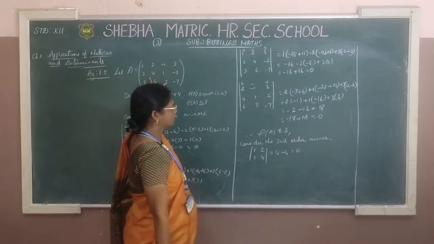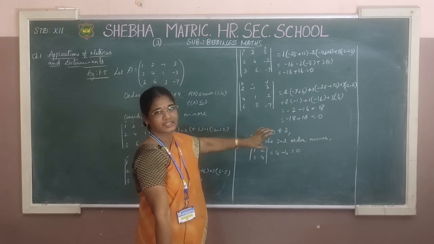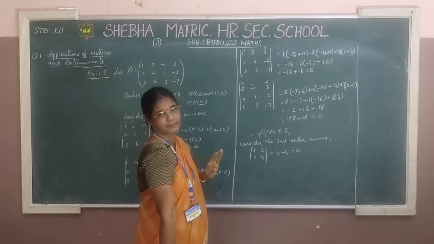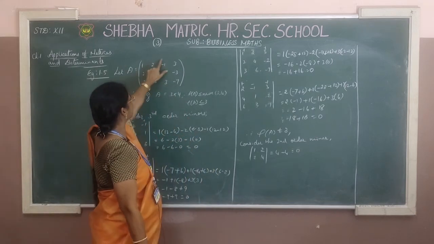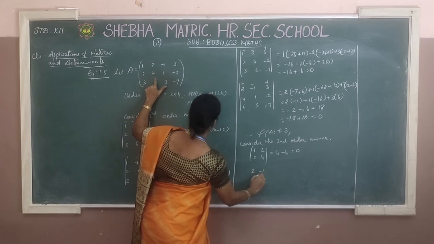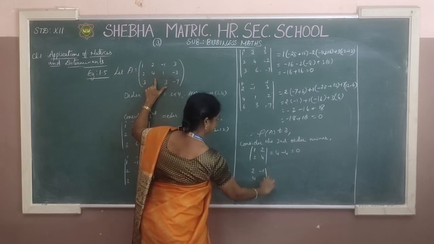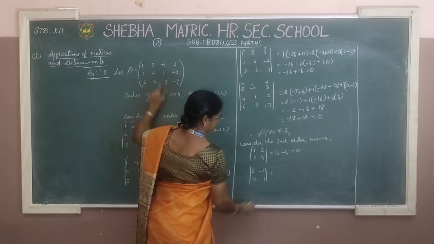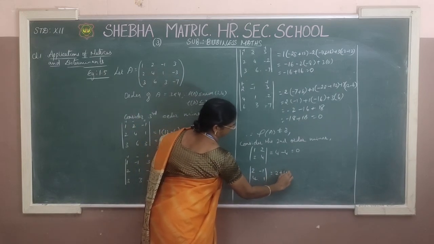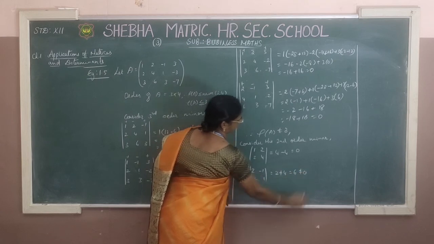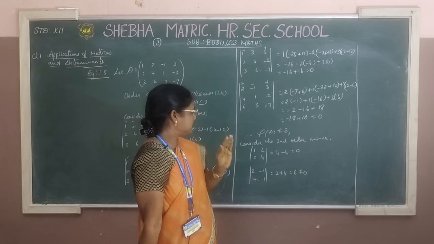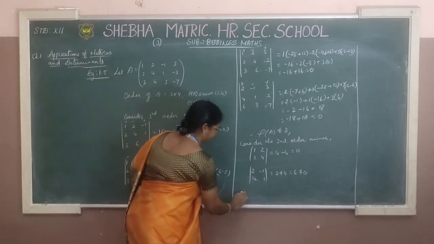Now I am getting 0 for one second order minor only, but we have to check all the minors. Next take these two: 2, minus 1, 4, 1. This is equal to 2 times 1 is 2, then minus into minus plus 4, which is equal to 6, which is not equal to 0. If we get not equal to 0 for at least one minor, this is our rank.